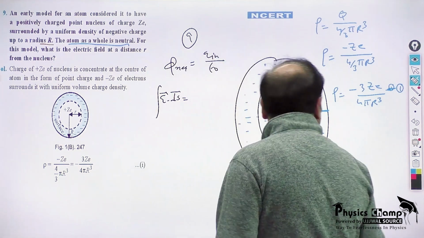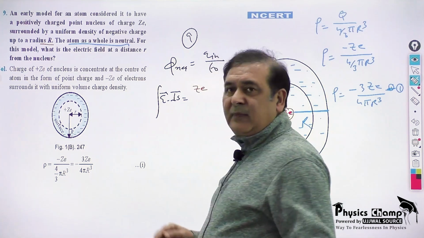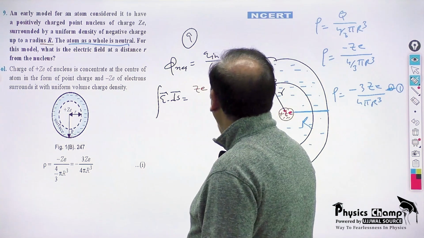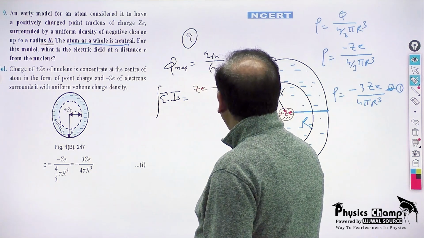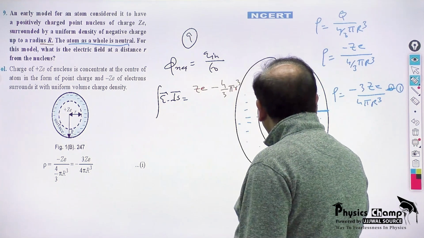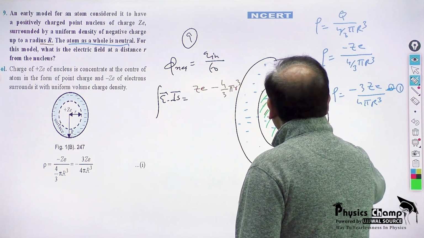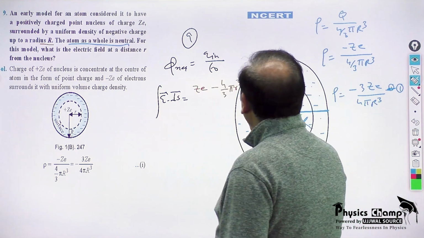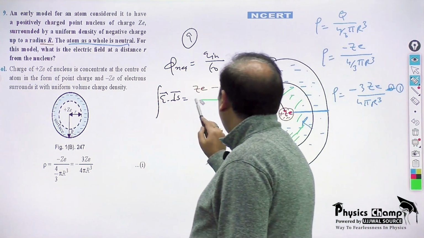If I ask what is the charge inside, your answer should be Ze, it is already there, minus 4/3 pi r cube, which is the volume inside, into rho, the charge density, by epsilon naught.